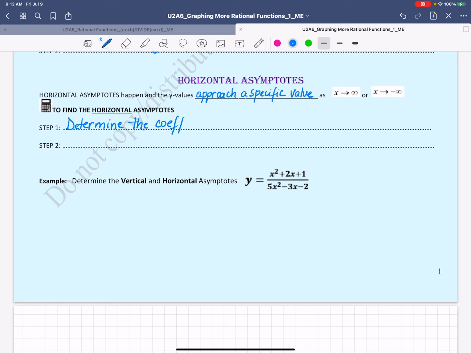And I say coefficients because we have to find the coefficient of both numerator and denominator of the highest degree term in the function. And I am going to highlight the word function here because it has to be the highest degree term in the whole function. And from here, we can determine the horizontal asymptotes, which are equations in the form y equals the ratio of the coefficients from the numerator and denominator.